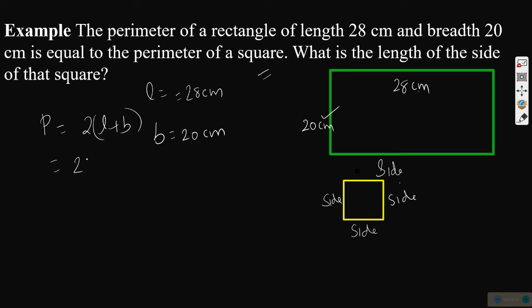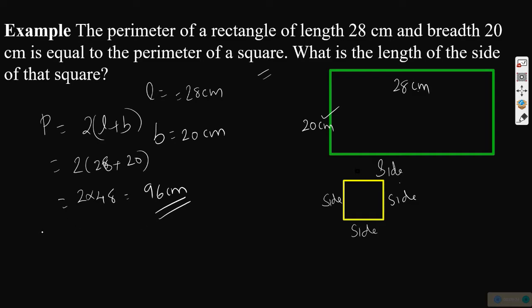That means 2 into (28 plus 20), 2 into 48, which is equal to 96 centimeter is the perimeter of the given rectangle. Understood? The given rectangle is having 96 centimeter as its perimeter.